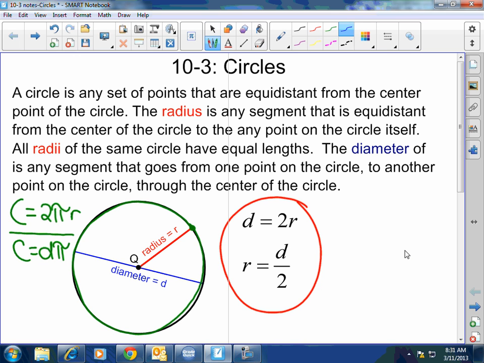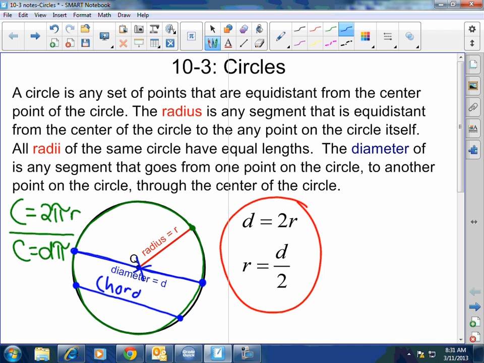So you're starting at one point of the circle, going to another point on the circle, but you went, bam, through the center. If you do not go through the center, if you were to go this way, again, it's not that important for this lesson, but just to teach you, when you have a segment that does not go through the center, that's called a chord.